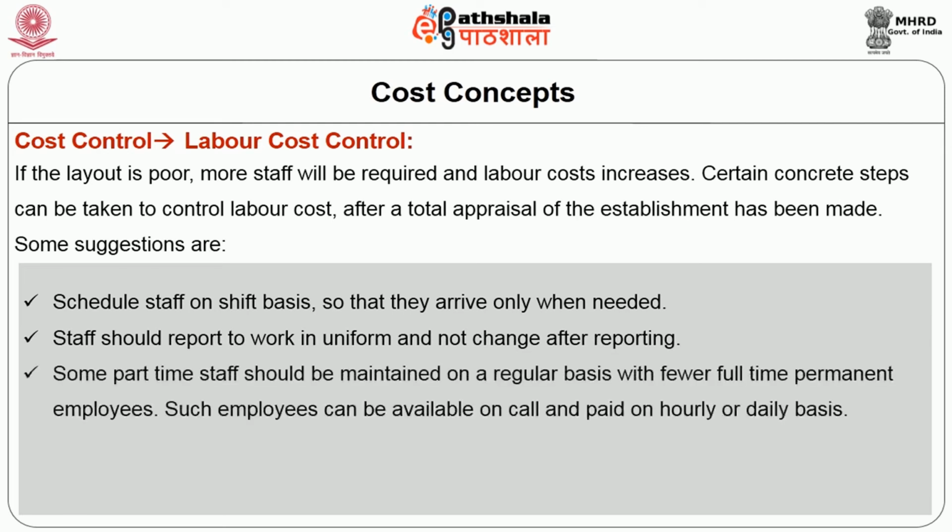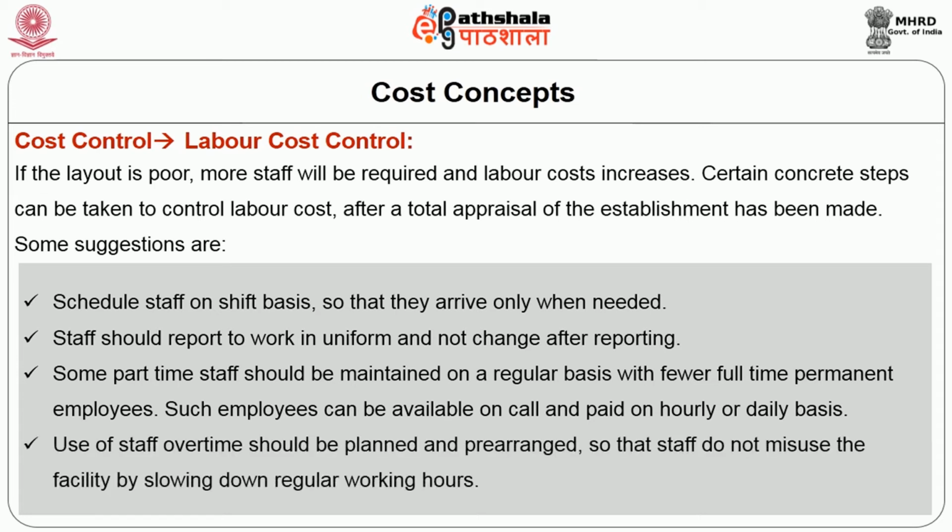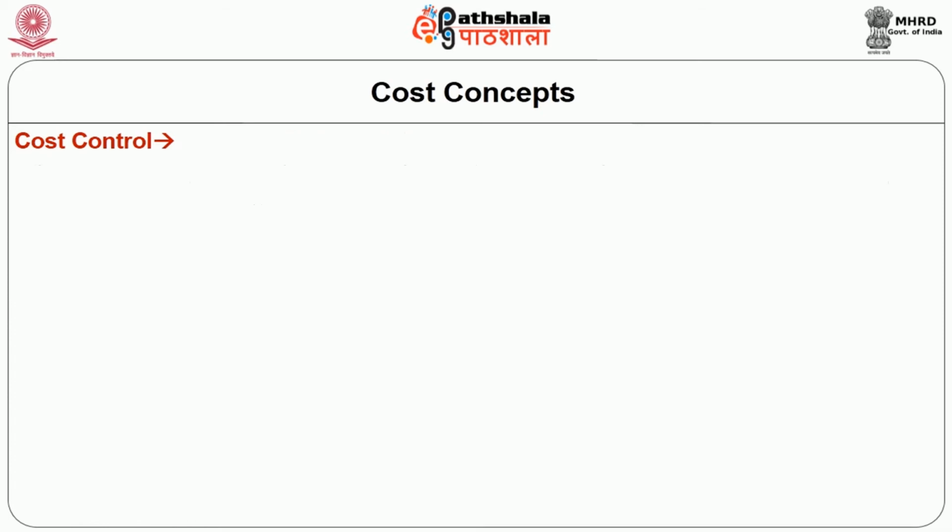Some part-time staff should be maintained on a regular basis with fewer full-time permanent employees. Such employees can be available on call and paid on hourly or daily basis. Use of staff overtime should be planned and pre-arranged so that staff do not misuse the facility by slowing down regular working hours.